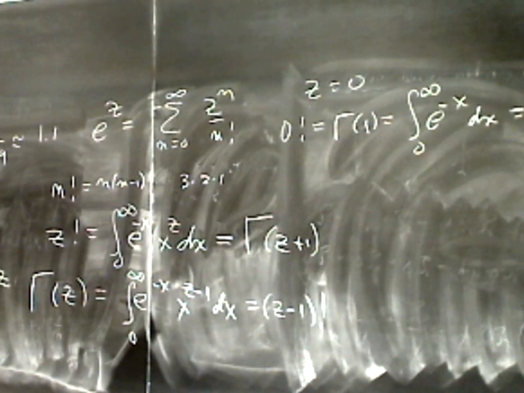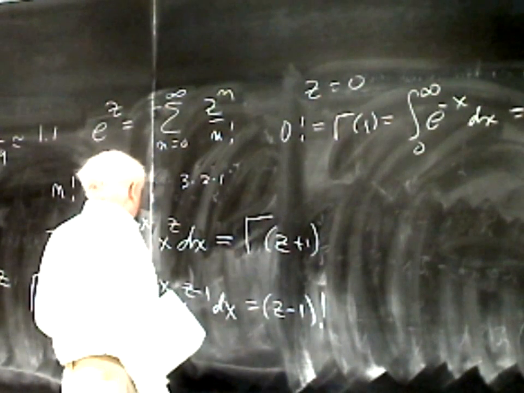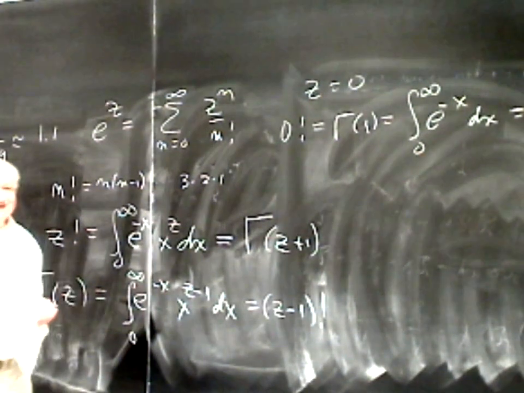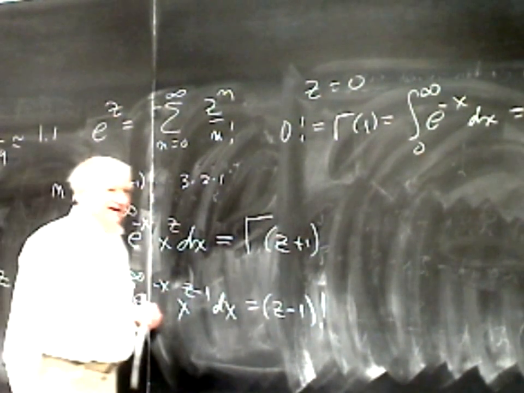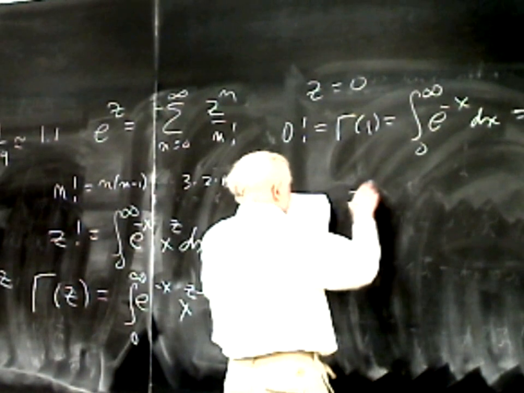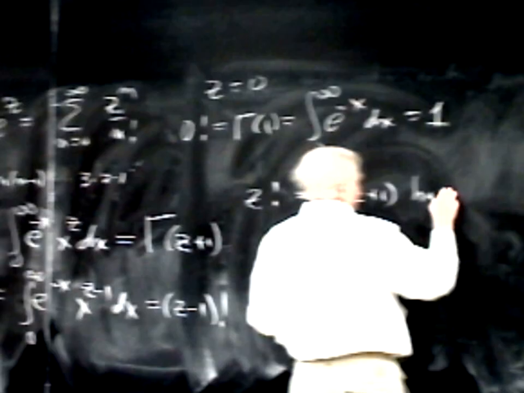However, these factorials, in a sense, there's some issues in the complex plane here, because, in fact, z factorial, which is to say gamma of z plus 1, has poles.